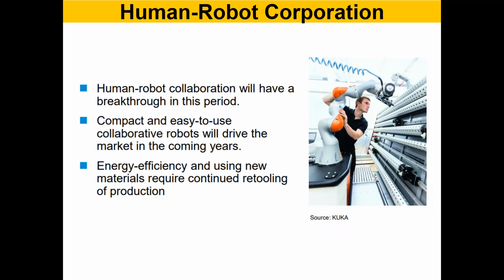For example, if you look at the 80s, 90s, it was a very big decision for companies to acquire robots because it was not easy. You needed an engineer with a lot of knowledge about manipulators to make use of the manipulator.